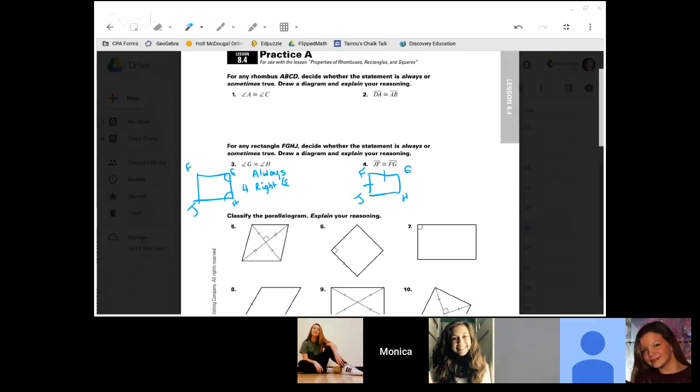Okay, so that's only sometimes. And then that's because consecutive sides are only congruent if it's also a square. Okay, does that make sense, Abby?